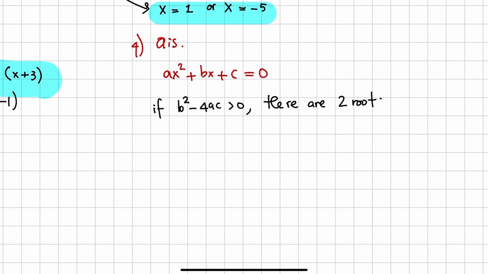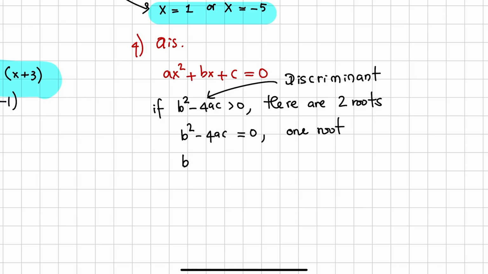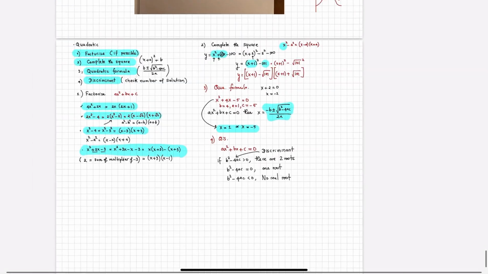This expression is called the discriminant. And if b squared minus 4ac is equal to 0, that means one root. And if b squared minus 4ac is negative, it means no real root. What does that mean?